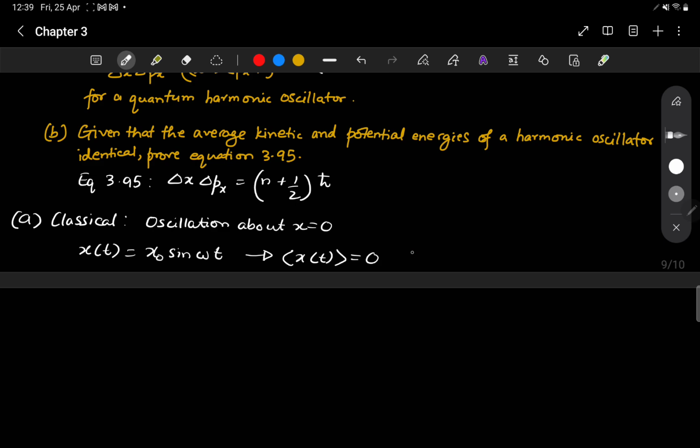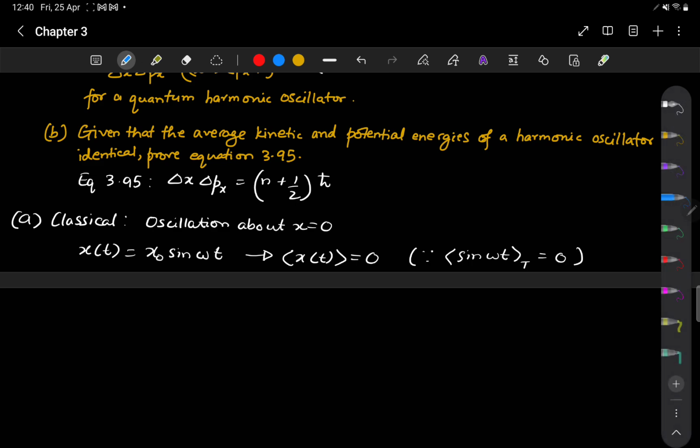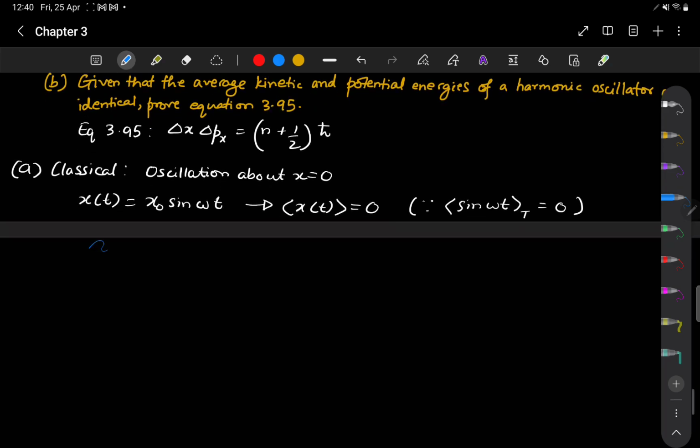Why? Because the average value of the sine function over a time period is equal to 0. To see this, we can plot the sine function and look at it visually.